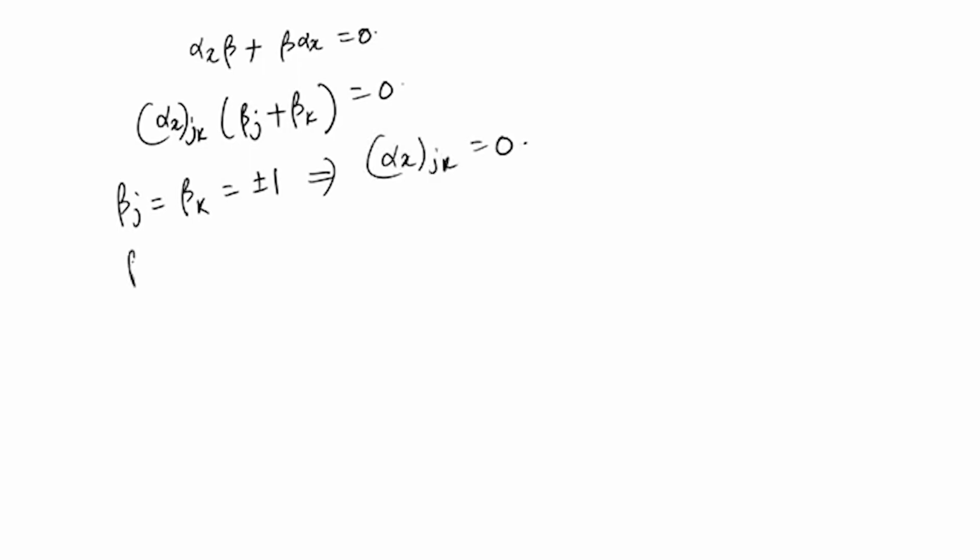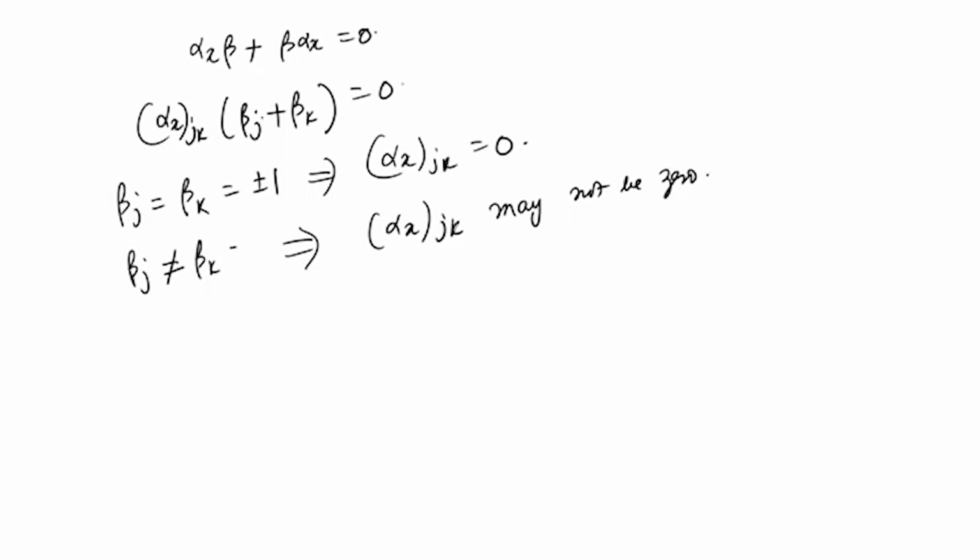Okay. If beta j is not equal to beta k, which means one of them is plus 1 and the other is minus 1, in that case alpha x jk may not be equal to 0. I am not saying it is not equal to 0, it may not be equal to 0. Okay. That is because of this, in order to satisfy this equation.